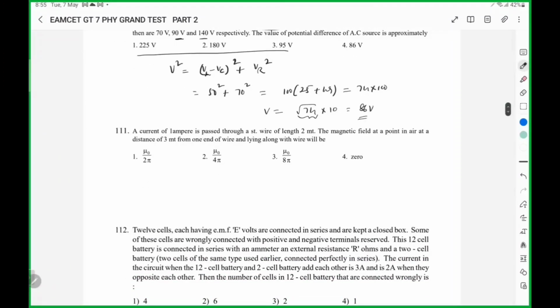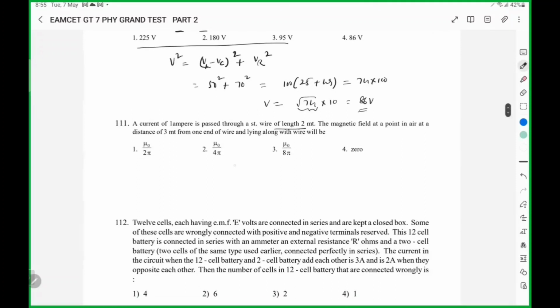A current of 1 ampere is passed through a straight wire of length 2 meter. The magnetic field at a point a distance 3 meter from one end: at this point, the net magnetic field is 0.